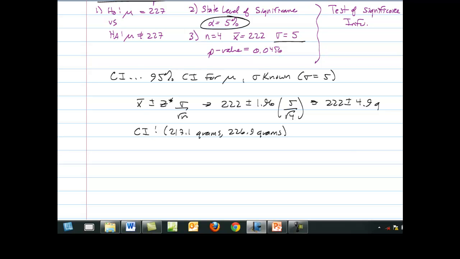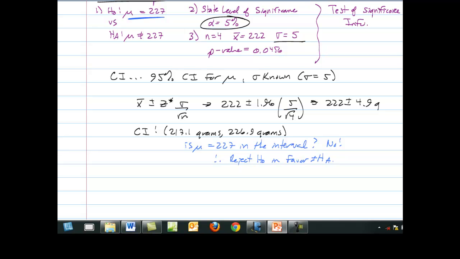Because that's what we're trying to check. Remember, mu equal 227. Is mu equal 227 in the interval? No, it isn't. Therefore, we would reject H0 in favor of HA, and of course we already know what that means. That means the machine needs recalibrated. We have evidence to support the alternative hypothesis.